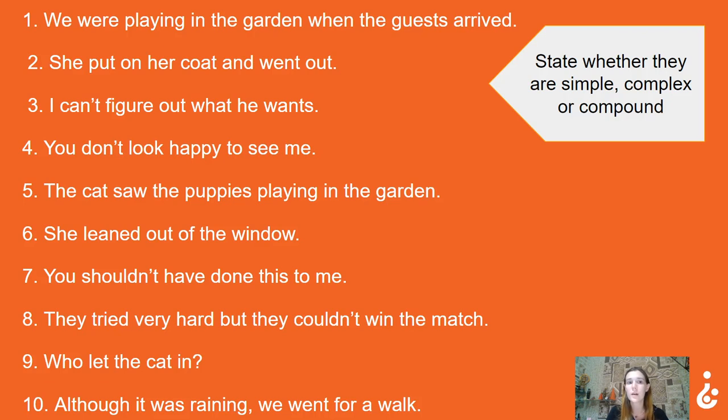I can't figure out what he wants. You don't look happy to see me. The cat saw the puppies playing in the garden. She leaned out of the window. You shouldn't have done this to me. They tried very hard, but they couldn't win the match.